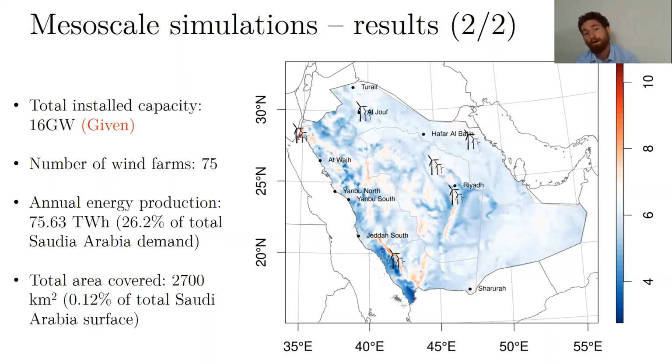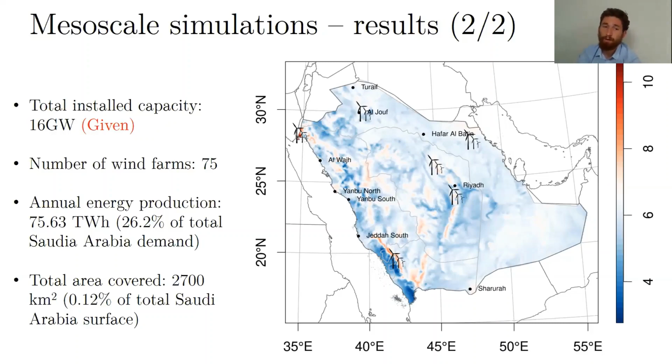The total area covered would be something around 0.12% of total Saudi Arabia surface. So Saudi Arabia is a pretty big country. So, it makes sense that the total area covered by the wind farms is still a small number.